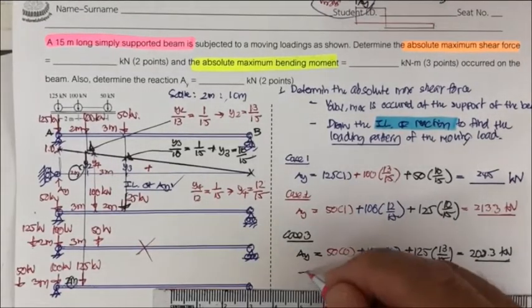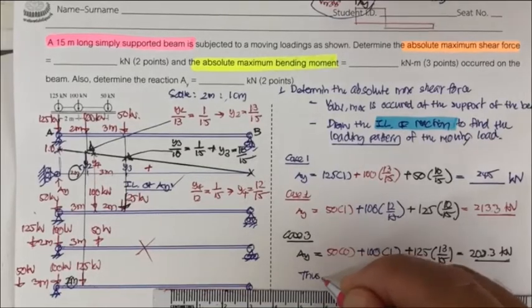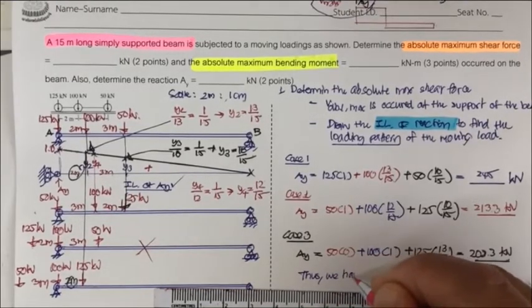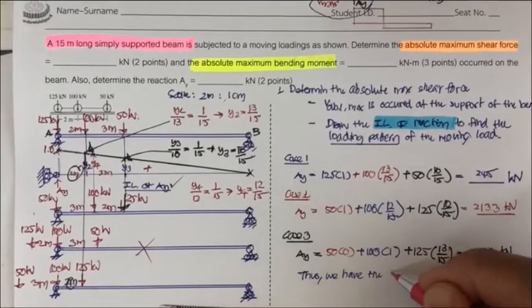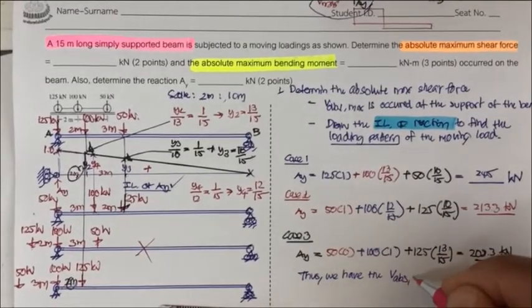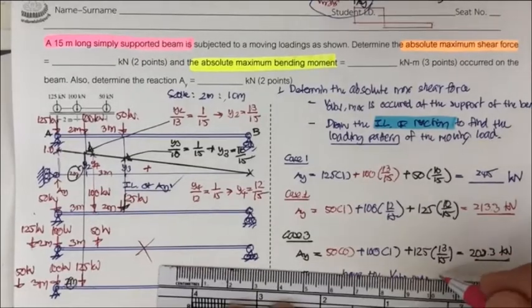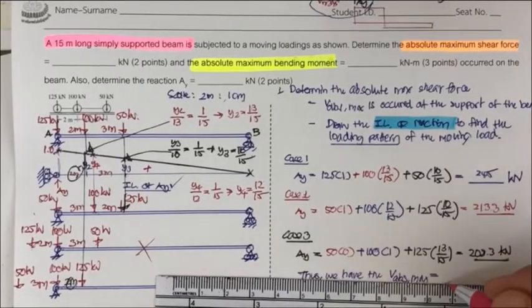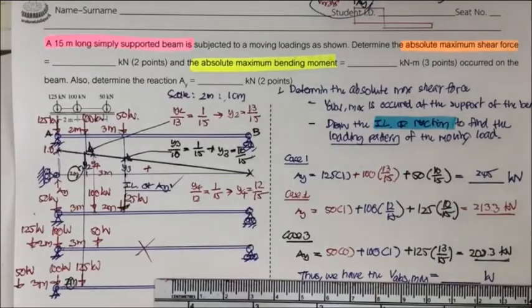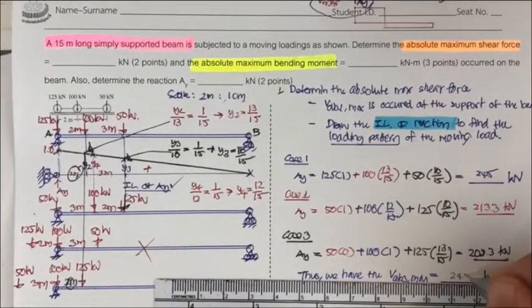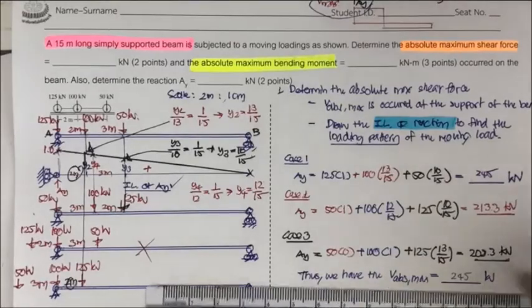Thus we have V absolute max equal to this one, kilonewton. We got what? We got 245 kilonewton for this.